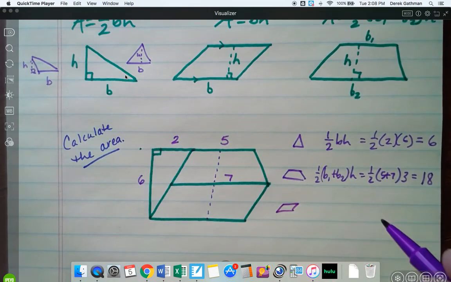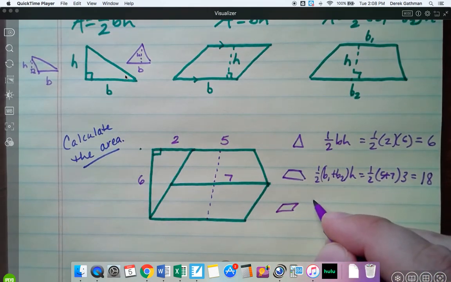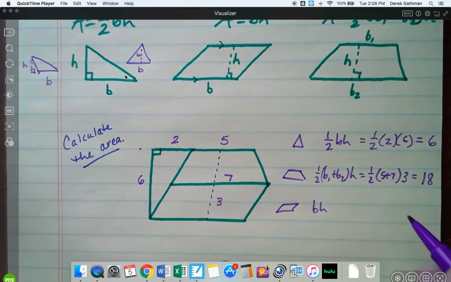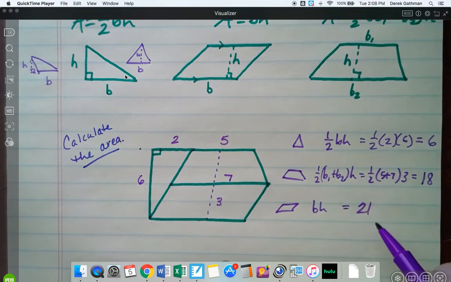And then my parallelogram is just base times height. My base is 7, my height is 3 as well. So my area of my parallelogram is 21. And to find the area of that whole figure, I'm just going to add those all up. So I'm just going to go 21 plus 18 plus 6.